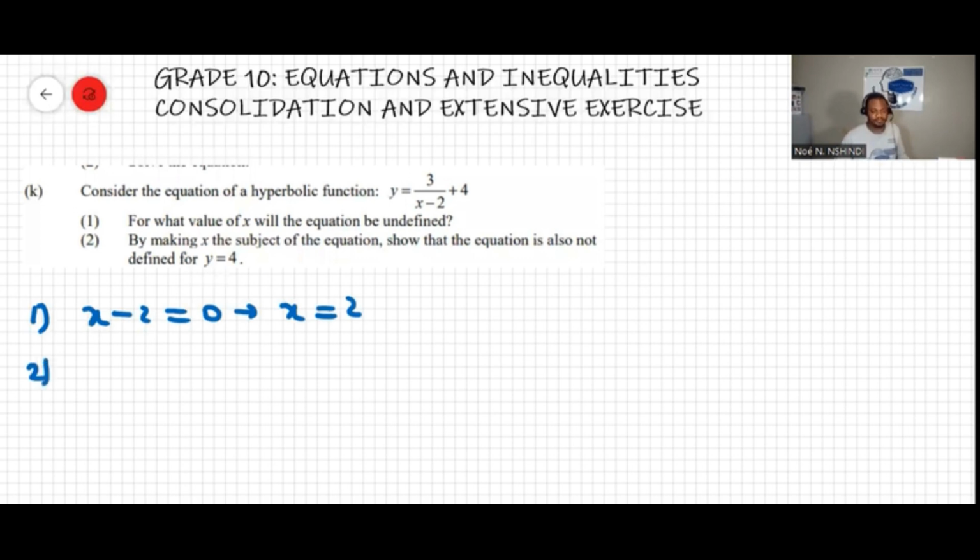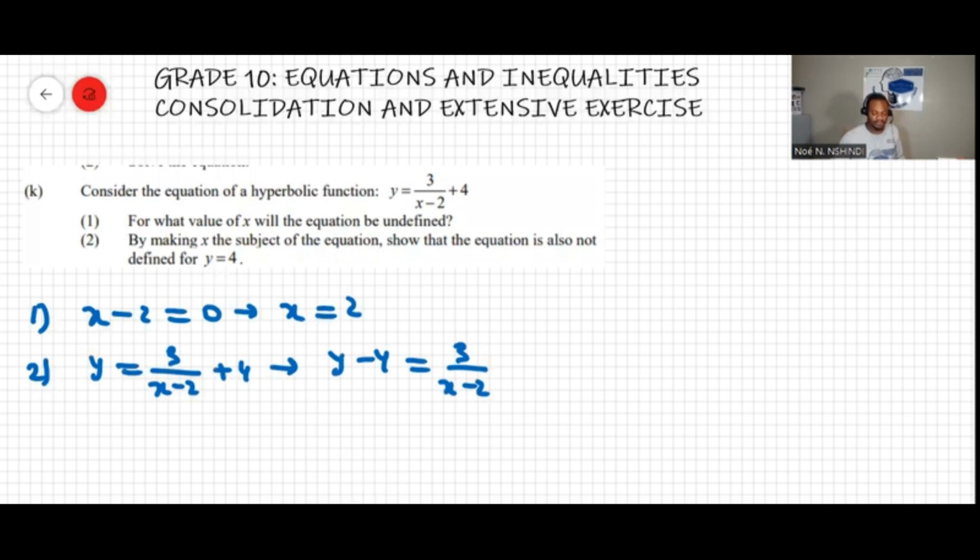Now, question 2 says, by making x the subject of the equation, show that the equation is also not defined for y equal 4. The equation is given by y equal to 3 over x minus 2 plus 4. If I need to make x the subject of the formula, I will move the 4 over first. So it's going to be y minus 4 equal to 3 over x minus 2.